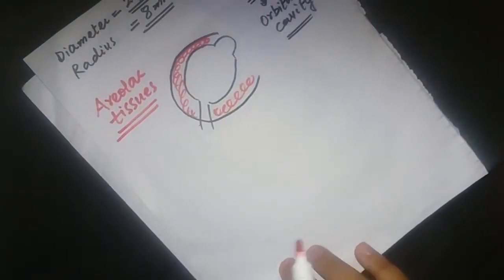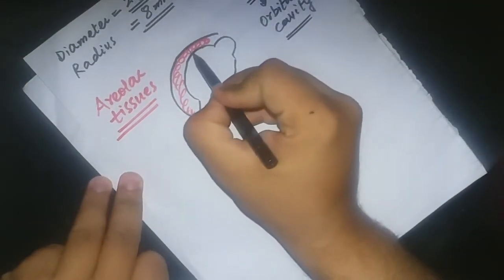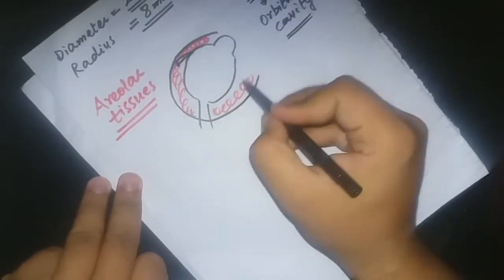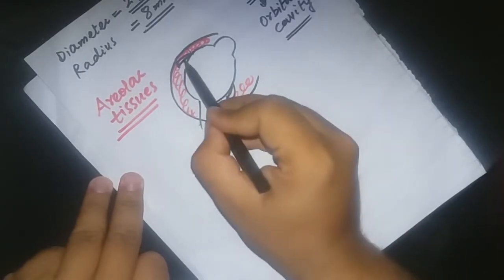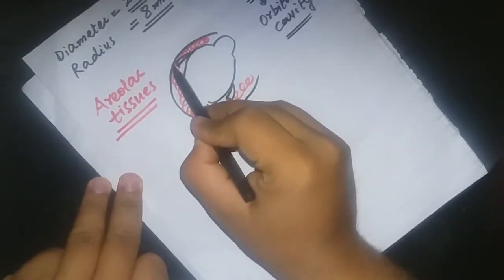So areolar tissues are interposed between the bony socket and the eye. And one thing more, the eye also has muscles which are attached to this bony cavity.